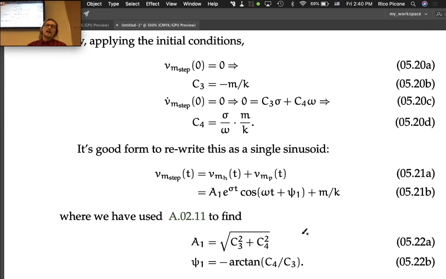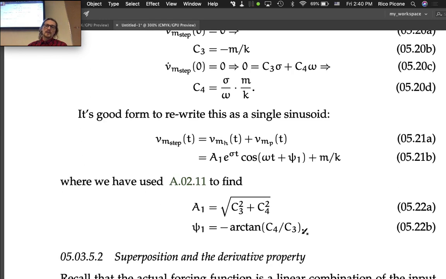Okay, so now I have my general solution for the step response, and I'll write it as a single sinusoid where I've got an amplitude A1, a decaying exponential, a cosine term with a frequency omega, and a phase offset psi 1, and then the particular solution term is there at the end.